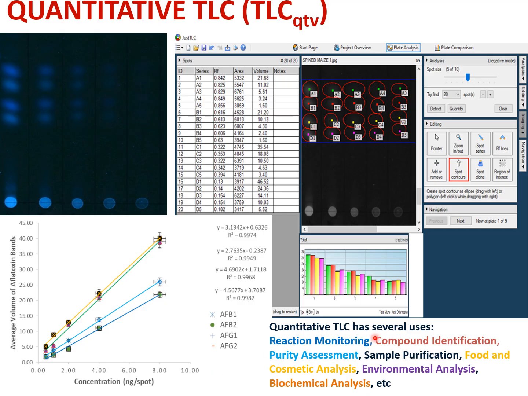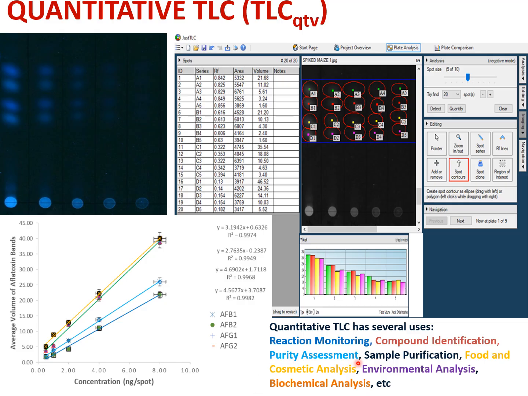It is also used for compound identification through comparing the Rf values of the unknown compound with the known standard.